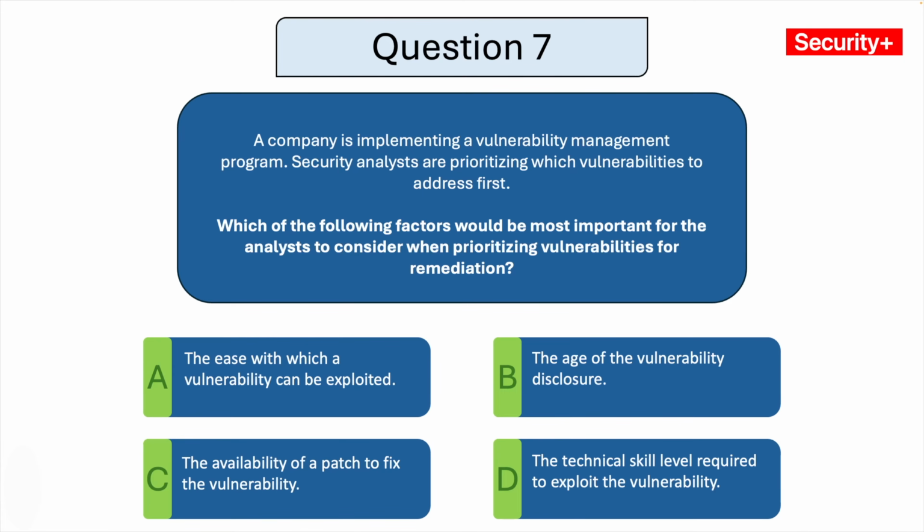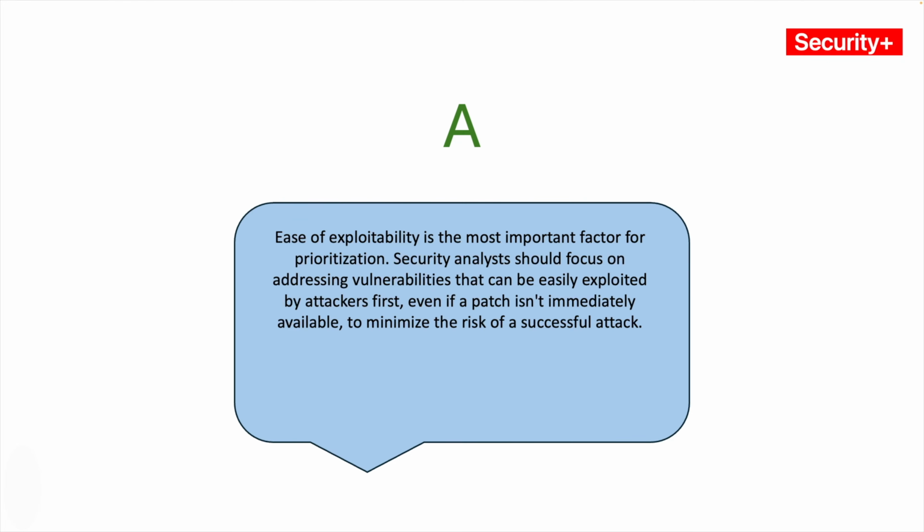So going with A. Ease of exploitability is the most important factor for prioritization. Security analysts should focus on addressing vulnerabilities that can be easily exploited by attackers first, even if a patch isn't immediately available, to minimize the risk of a successful attack.